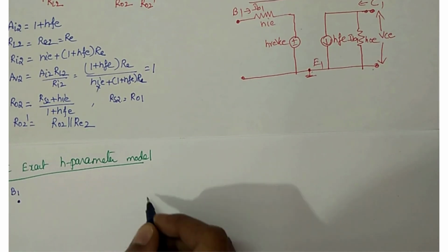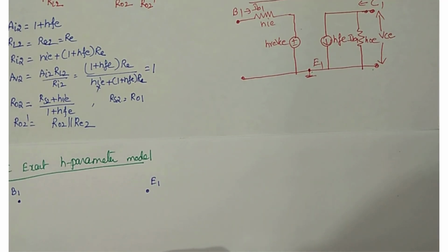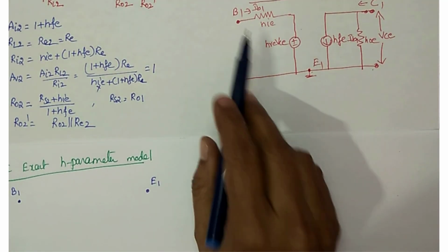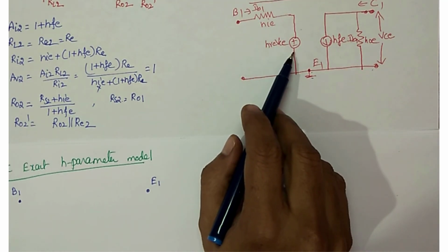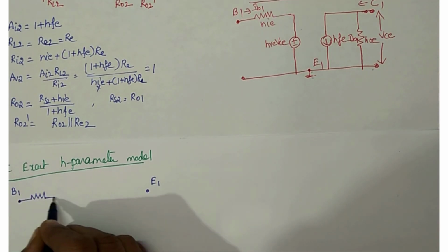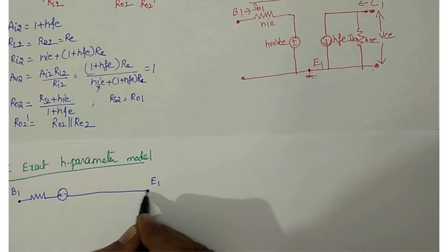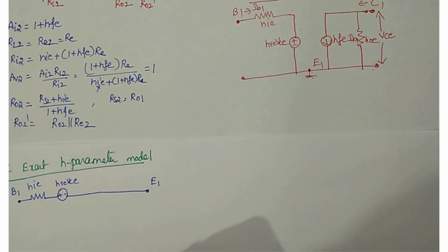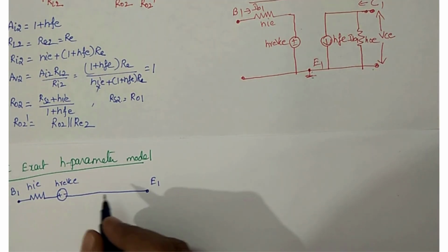B1, the output terminal is E1, and the grounded terminal is C1. Between base and emitter in the CE configuration, you have HIE in series with HRE VCE. The same I am connecting here: this is HIE and this is HRE VCE between base and emitter. And between collector and emitter, you have two things in parallel, HFE IB1 and HOE.